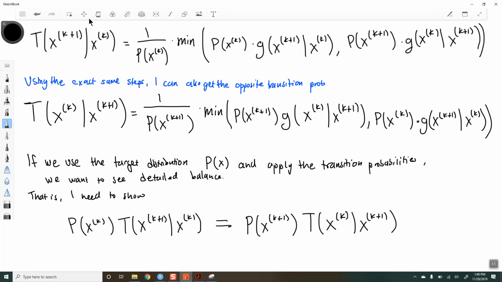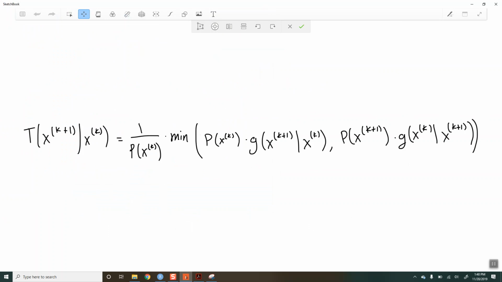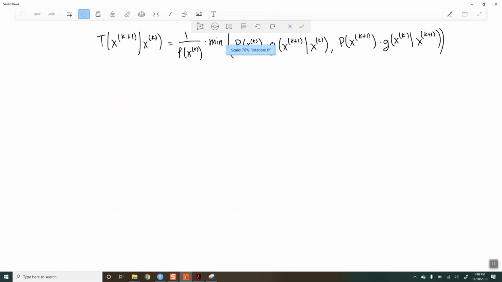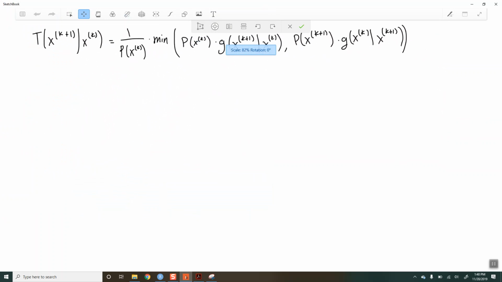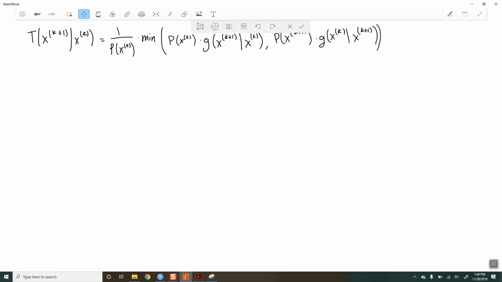So let me do this. This is the transition probability of going from there to there.